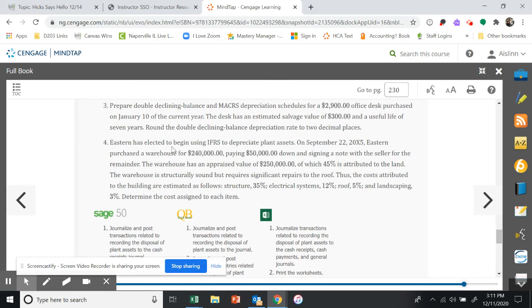Eastern has elected to begin using IFRS, International Financial Reporting Standards, to depreciate plant assets, and they bought a warehouse. Again, they put some money down, and they signed a note. Now the warehouse has an appraised value of 250. That's 45% of this. Thus, the cost attributed to the building is here.